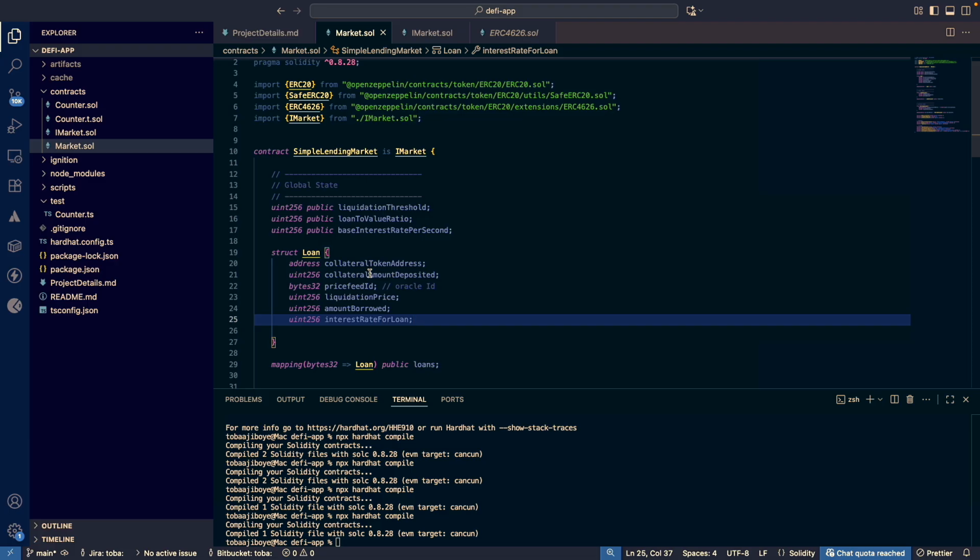So this amount and the price that we get it at gives us the liquidation price. So maybe this amount is 500 and then the price of the asset is maybe $100.